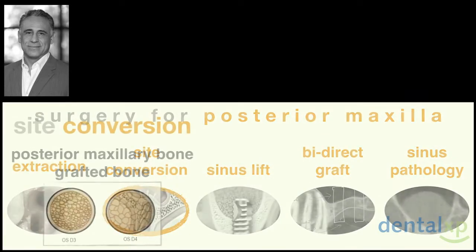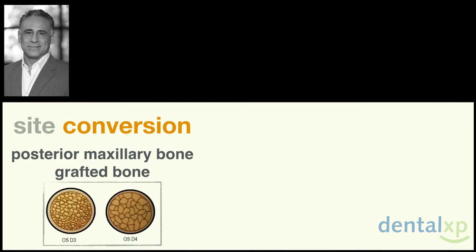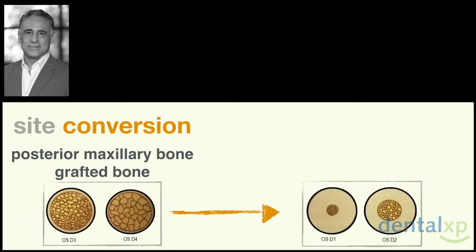Let's talk about site conversion, another important aspect of treatment in the posterior maxilla, because we know we have D3, D4 bone, and also when we do sinus lift or bone grafting, most likely after a 6 to 7 month period, we have D3, D4 bone. So how can we go ahead and convert this to a D1 and D2?